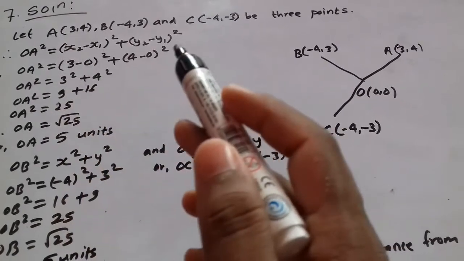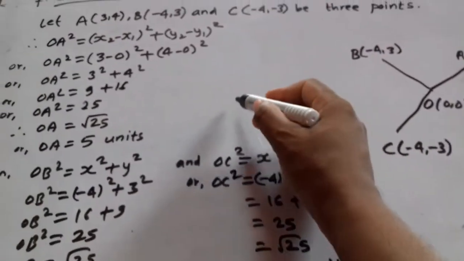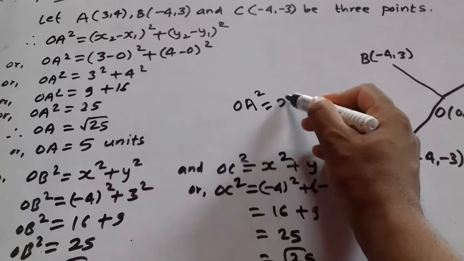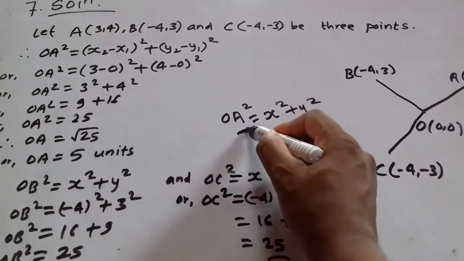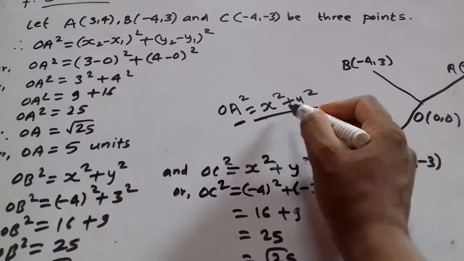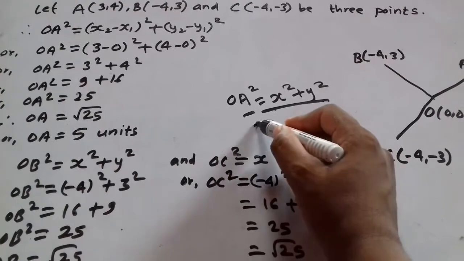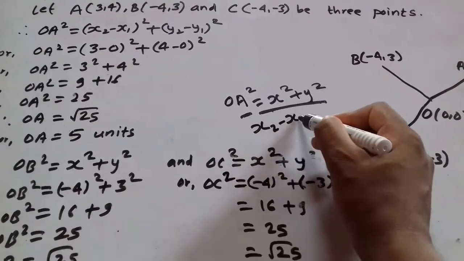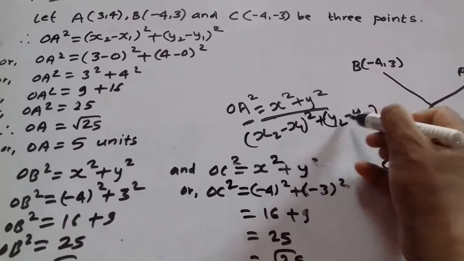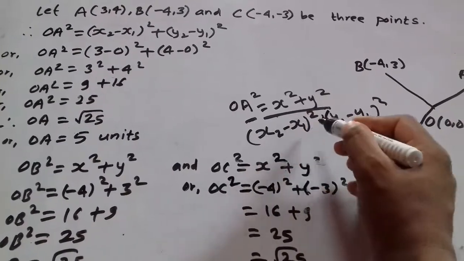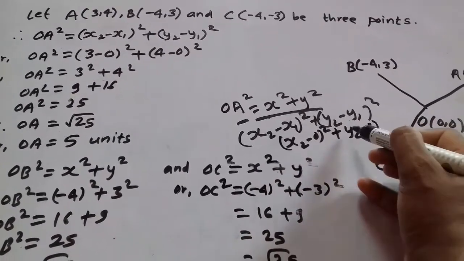OA square equals, using the distance formula, we can directly write OA square equals x square plus y square, where x and y are the coordinates of point A. This formula is only applied for the origin, because in the formula x2 minus x1 square plus y2 minus y1 square, one point is the origin, so x2 minus 0 square plus y2 minus 0 square.